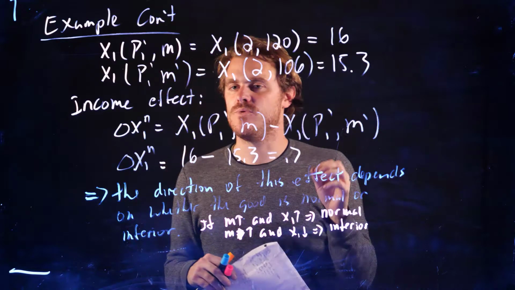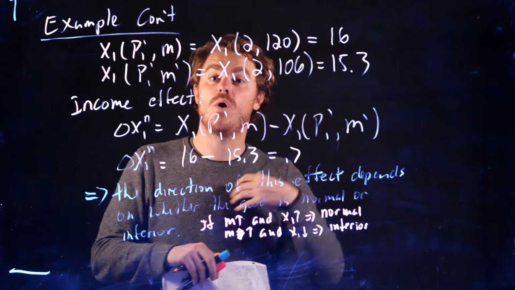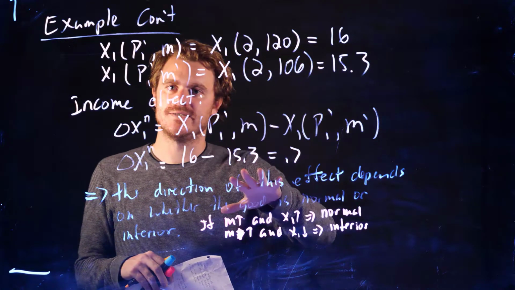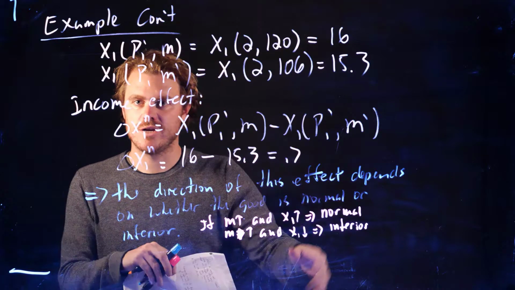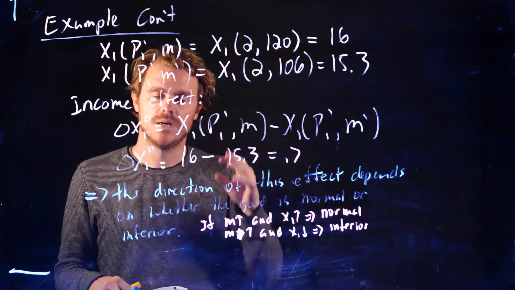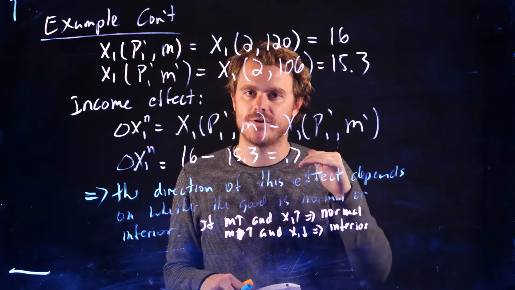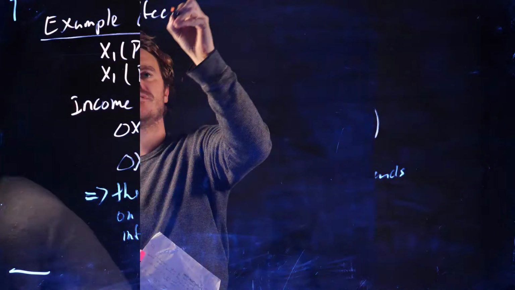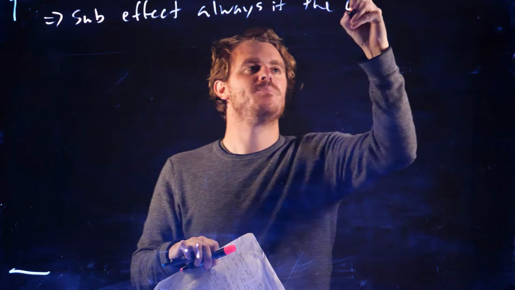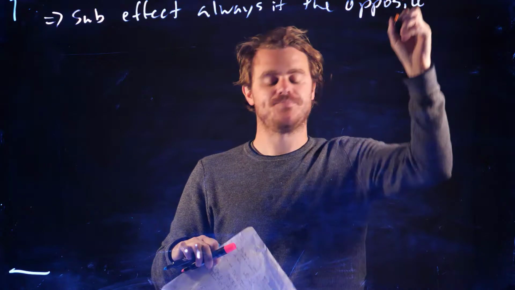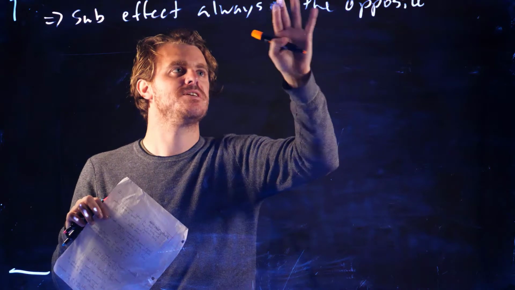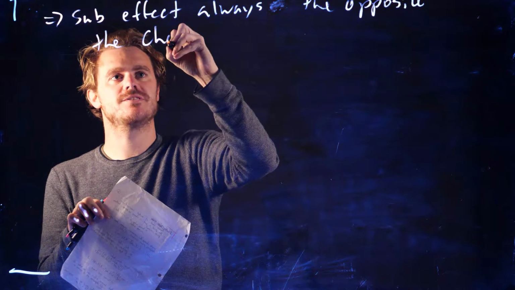Now, I've hinted at this before, but the substitution effect, we're always going to substitute away from a good that became more expensive. So let's erase this and talk about why. The income effect could go either way. It could be positive, it could be negative. Again, it depends how you frame it as well. But the substitution effect is always going to be in one direction. It's always the opposite to the change in price.